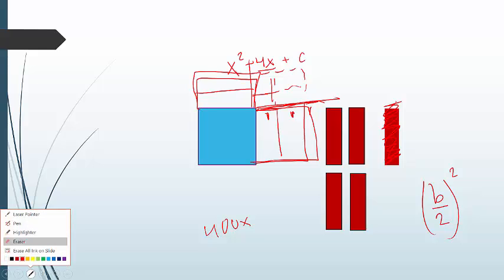But what happens when you have an odd number of rectangles? So for example, this right here is a visualization of x squared and 5x. Okay. So how do you visualize or draw what's going on when, if I had 400 rectangles, I know to put 200 on each side?